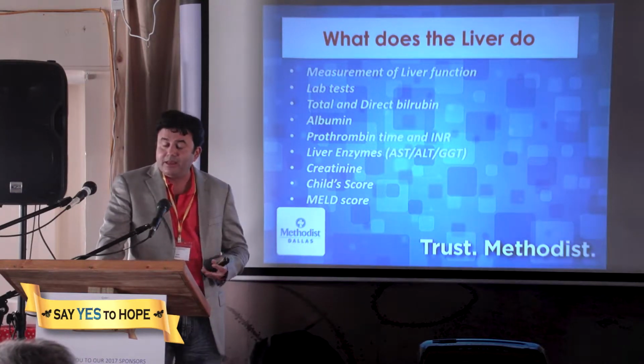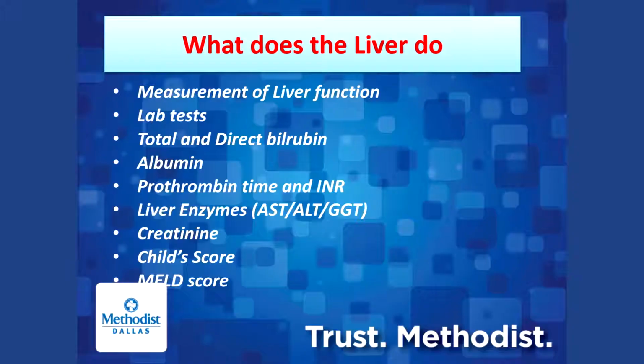What does that mean? When the liver is injured, inflamed, or swollen, the liver enzymes go up. In general, that's called hepatitis, and there are many different types of it. But in the context of cancer, the biggest thing we worry about is hepatitis caused by drugs, by medications.